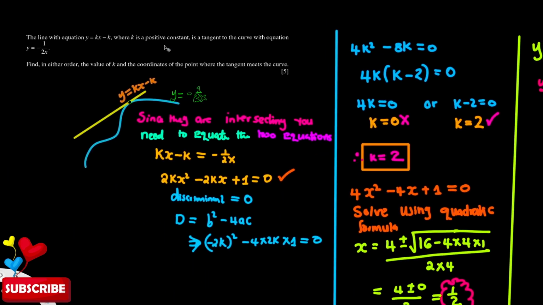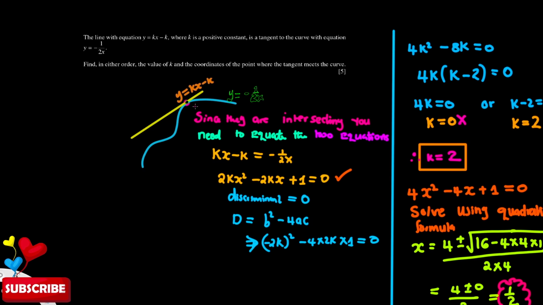So the coordinates of the point of intersection are a half, negative 1, as the final answer, because you are told to find the value of k and also the coordinates of the point of intersection.